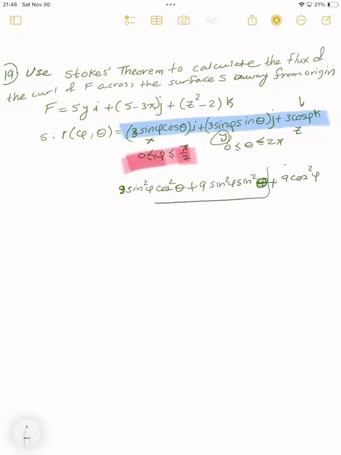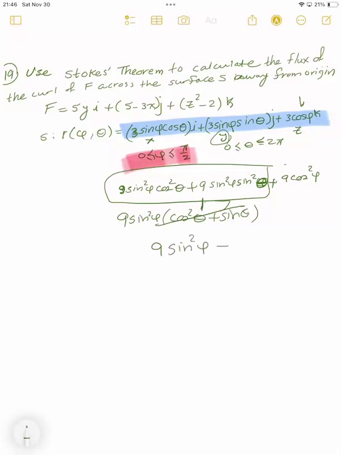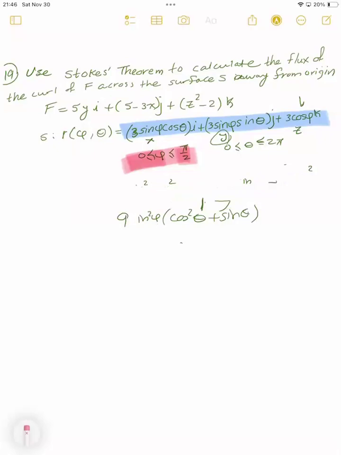So if I add these two by factoring the sine squared of phi, I get cosine squared theta plus sine squared of theta, that's equal to 1. So I get 9 sine squared of phi plus 9 cosine squared of phi, which is equal to 9. Because again, if you factor the 9, you get sine squared plus cosine squared, that's 1, you get 9. So that's why that is the equation of a sphere. And with the boundary, we have a hemisphere.